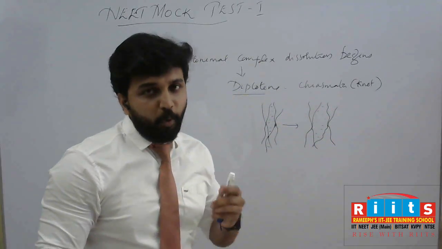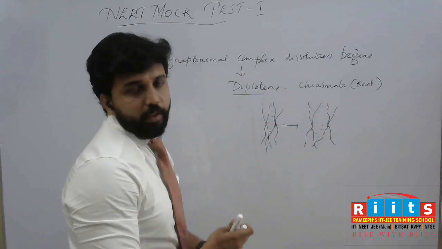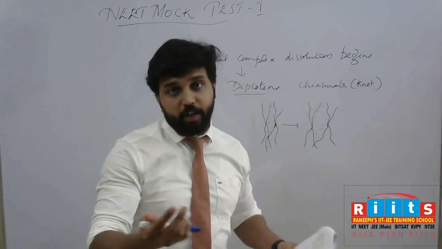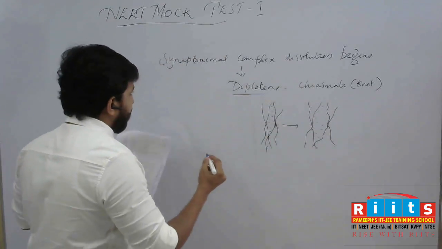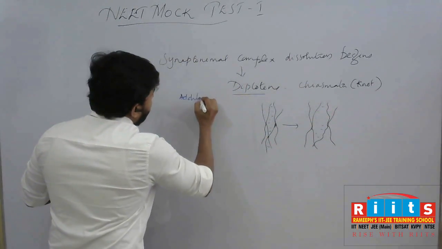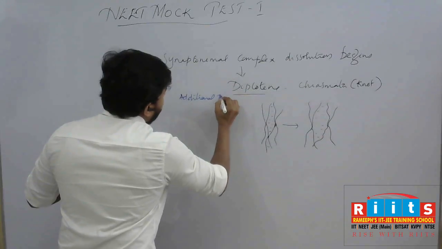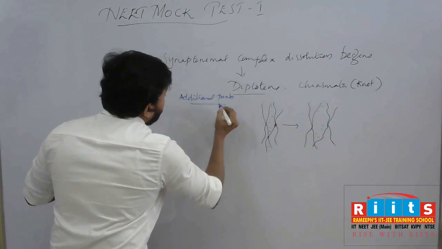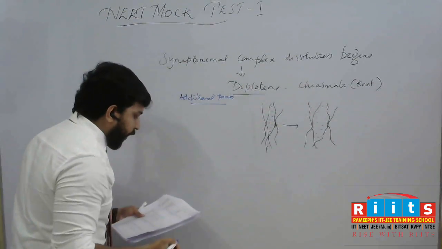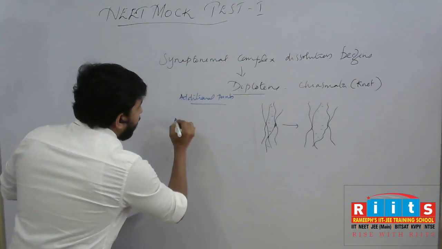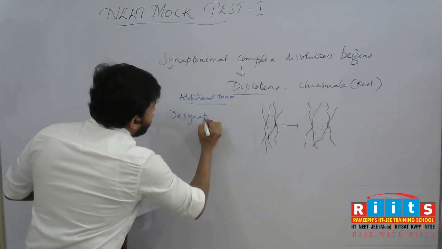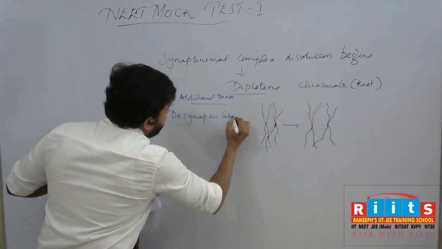Clear? Students, one more thing, there are some additional points, so don't forget that this is also frequently asked in the NEET entrance examination. In the case of diplotene, desynapsis takes place.